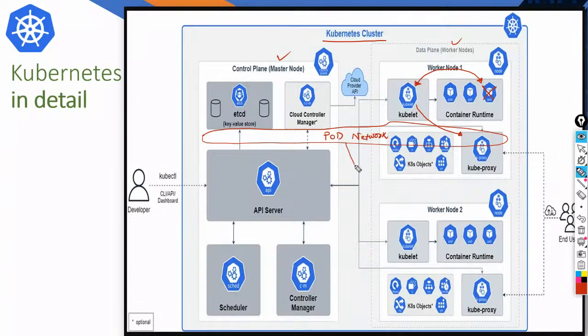So let me extend this over here. The same pod network. All these 3 nodes are connected over the pod network. So kube proxy, with the help of the pod network, will communicate this message to whom? Can anybody tell me to whom?